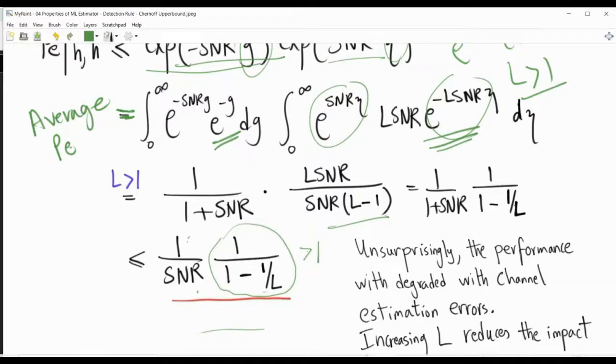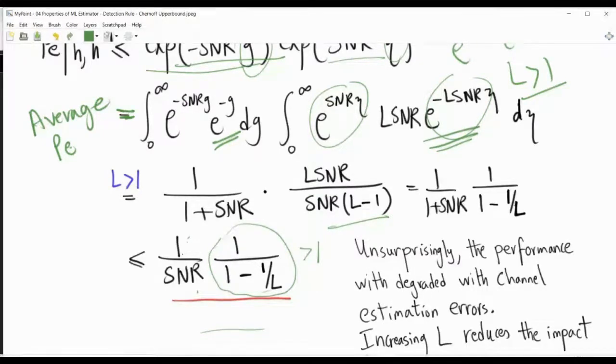So basically this is a quantity that is greater than 1, and it means that the upper bound here increases. And in reality, the performance definitely will degrade if you use an estimate rather than the true thing, in the form of, say, increased probability of error.